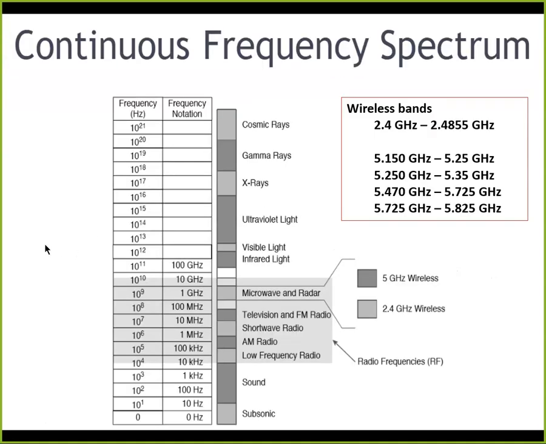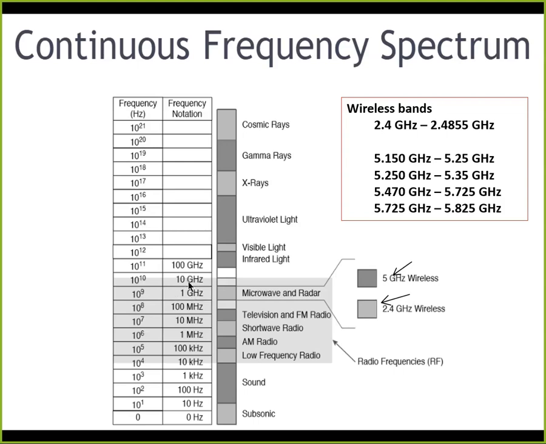The frequency spectrum that we use is shown here so that you can see where we are in this wireless world. We have the microwave and radar here. This is where our 5 gig and our 2.4 gig are going to fall.